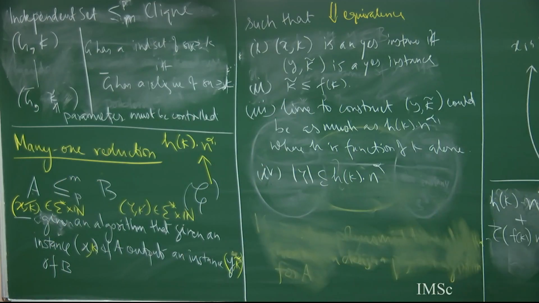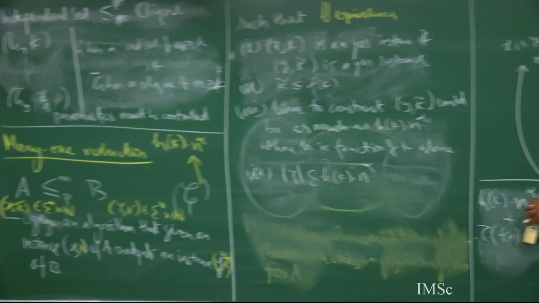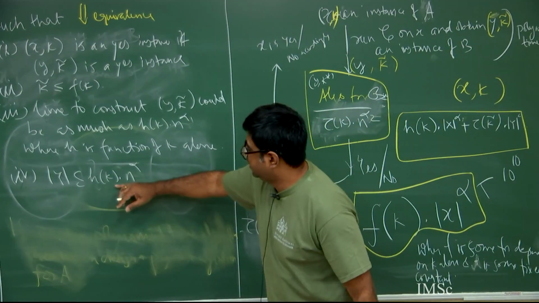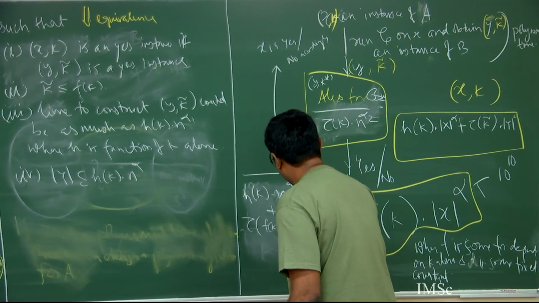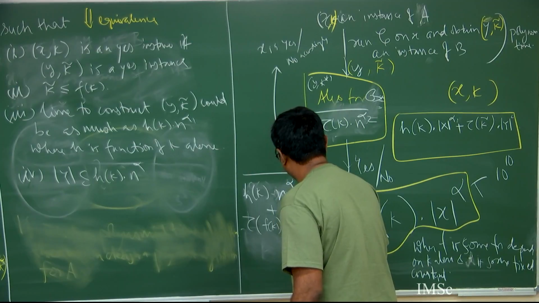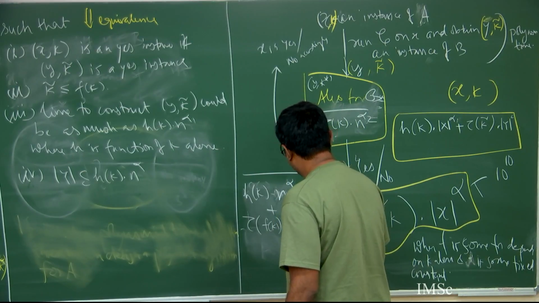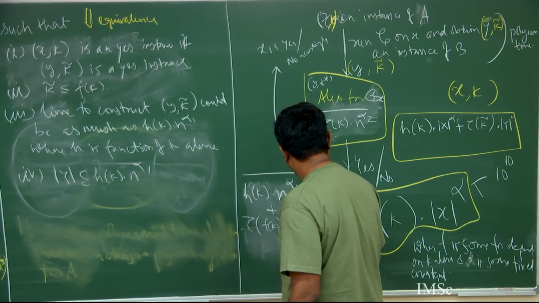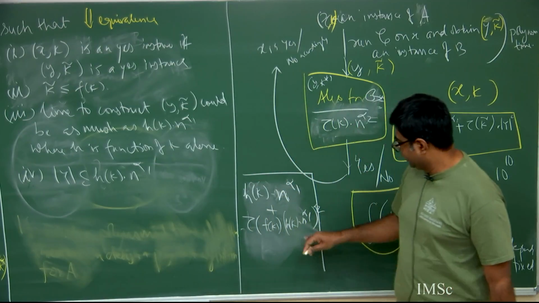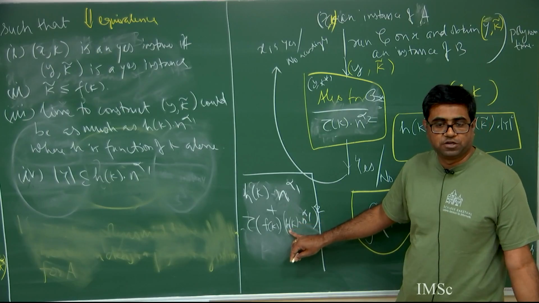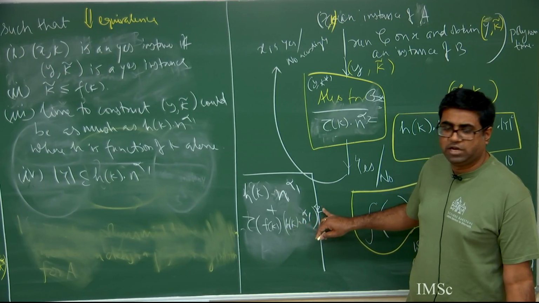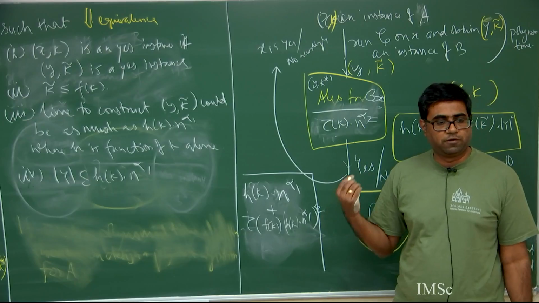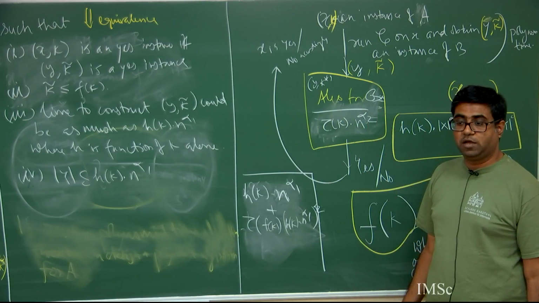Let's see. Now, what is n? N is this, right? So it will become h of k times n to the power alpha 1, to the power alpha 2, which is fine. H of k to the alpha 2 is still a function of k, and n to the power alpha 1 times alpha 2, because alpha 1 and alpha 2 are fixed constants, this is still an FPT algorithm.